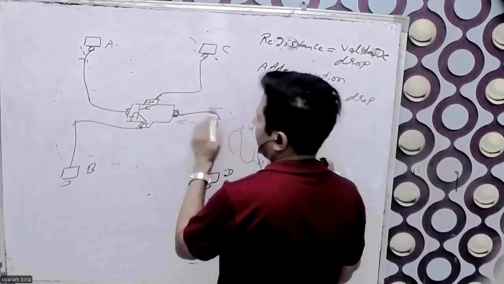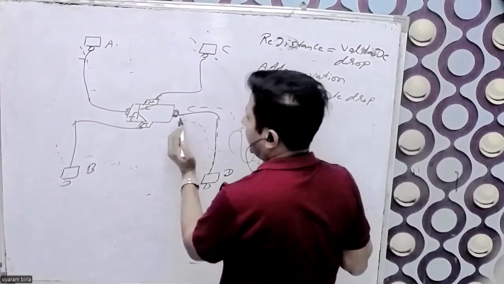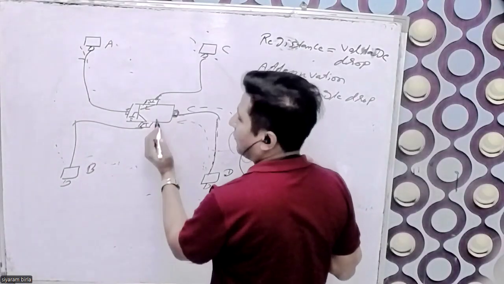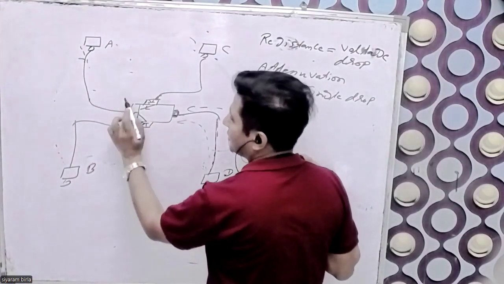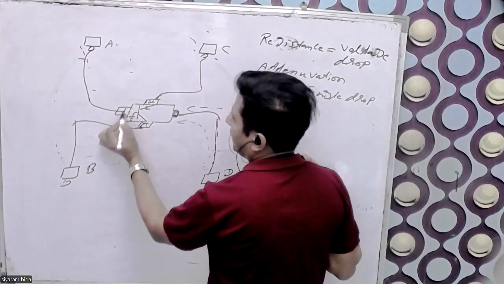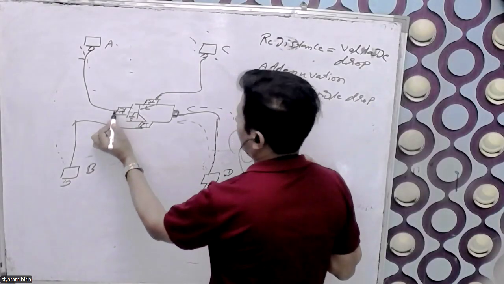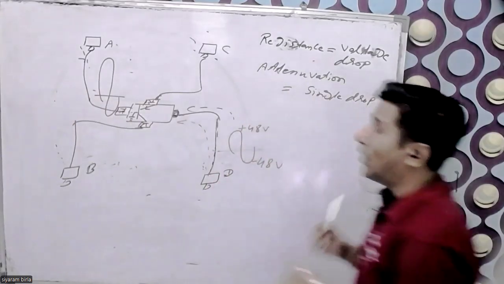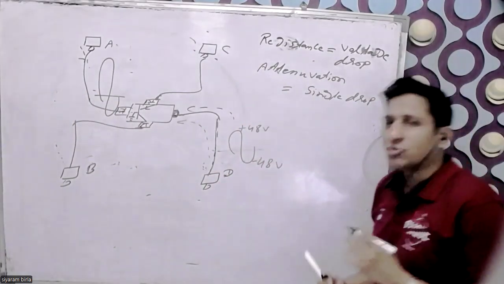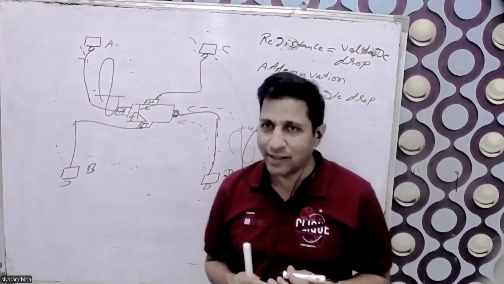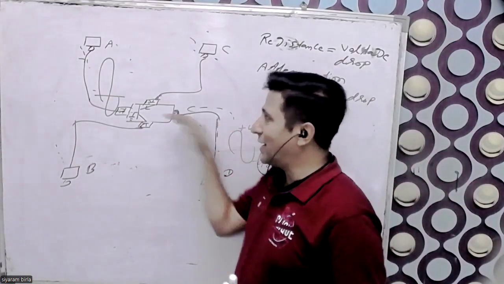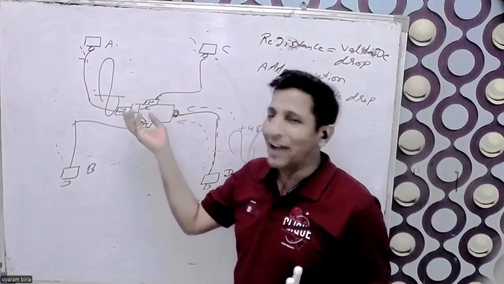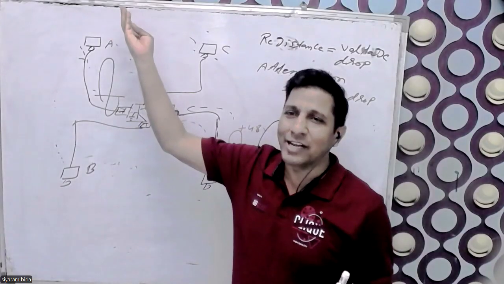After that, whenever the signal reaches here, the signal strength is amplified, and when it goes out, the signal strength is also amplified. So it is one kind of booster which increases the signal strength. Once the data passes this box, the signal strength will be increased.